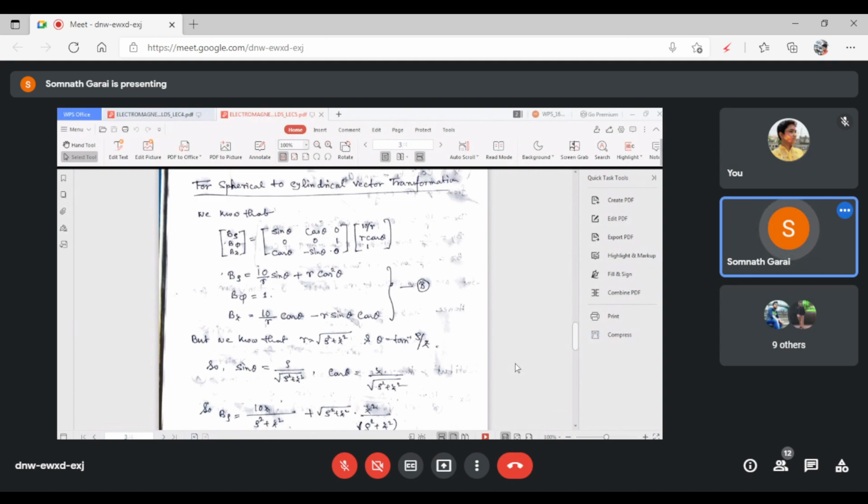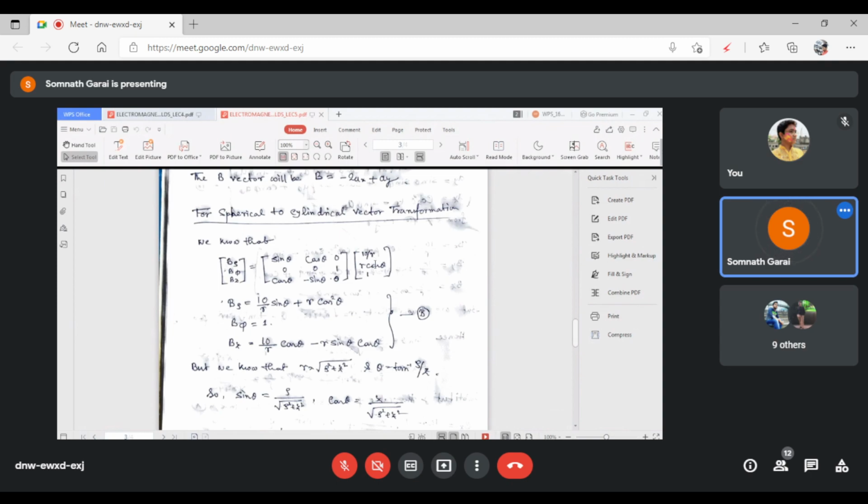Here the component matrix form of spherical and cylindrical coordinates are B rho, B phi, Bz is equal to [sin theta, cos theta, 0; 0, 0, 1; cos theta, minus sin theta, 0] into AR, A theta, A phi. Now if we multiply this, then B rho will be 10 by r sin theta plus r cos square theta.